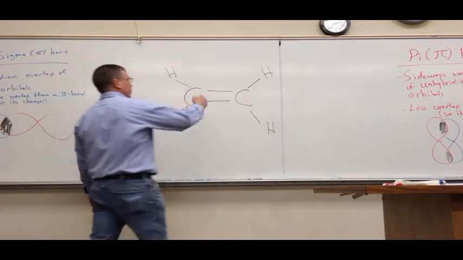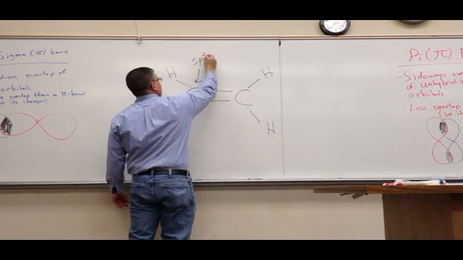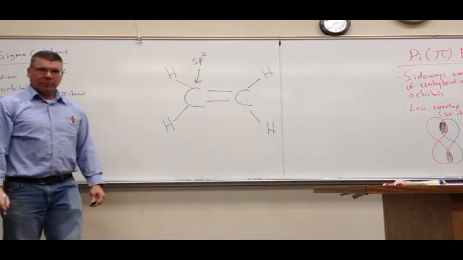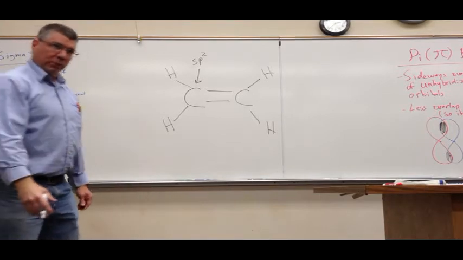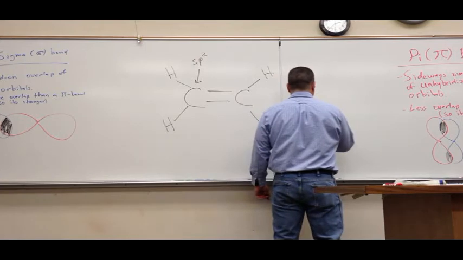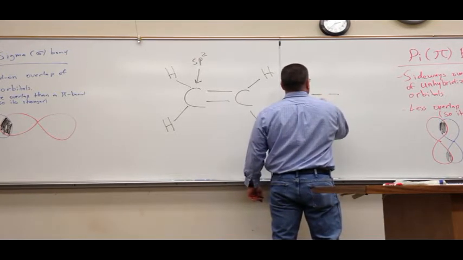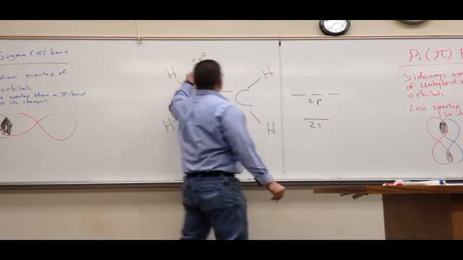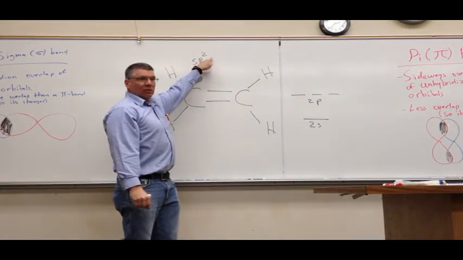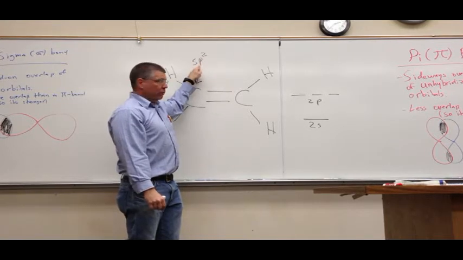A few minutes ago, you guys said correctly that the hybridization of each of these carbons is sp2. In terms of the atomic orbitals that combine to make sp2 on carbon, you would take one s and two p's. That's what the 2 means, there's two of the p orbitals in there and one s orbital.